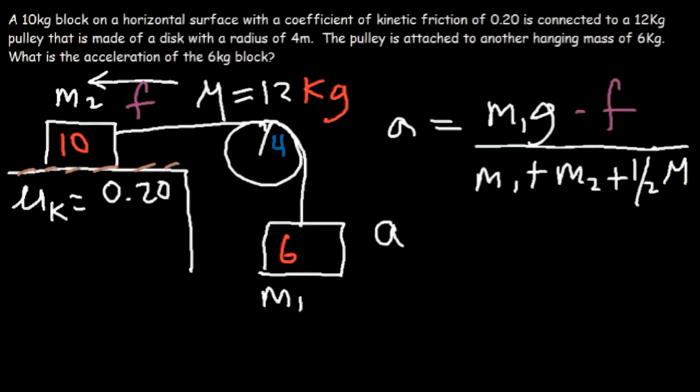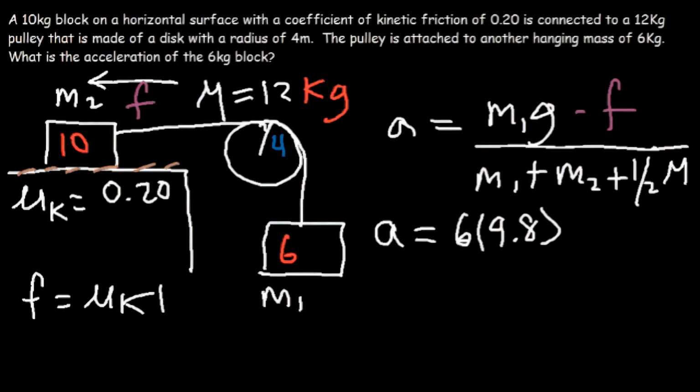So the acceleration is going to be m1g, which is 6 times 9.8, and the frictional force is mu k times the normal force, where the normal force is simply the weight force acting on m2. So it's going to be m2g.